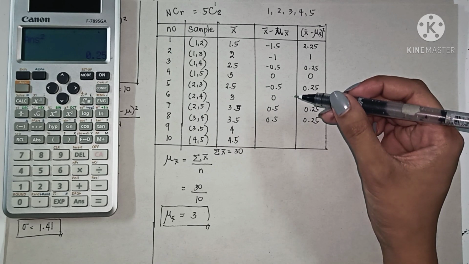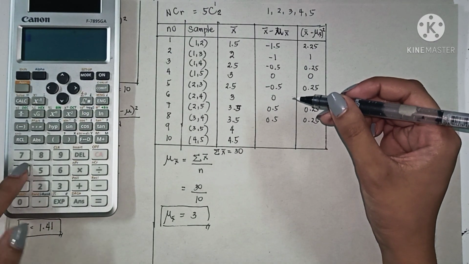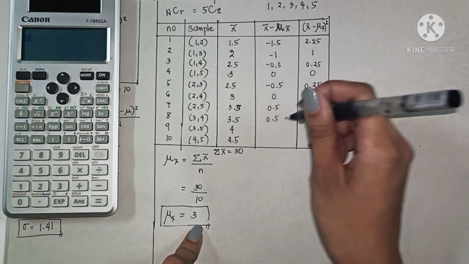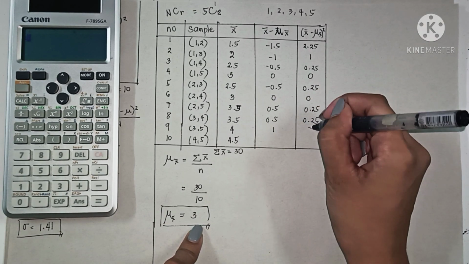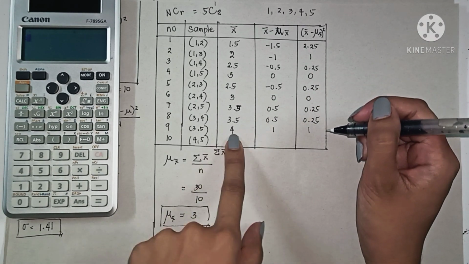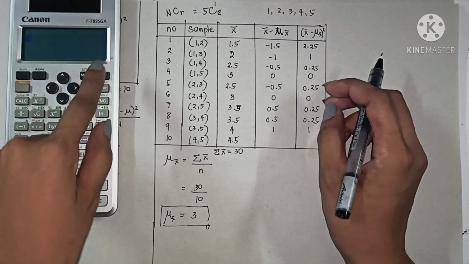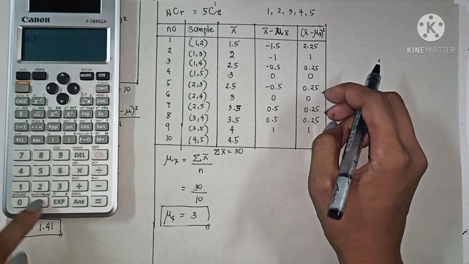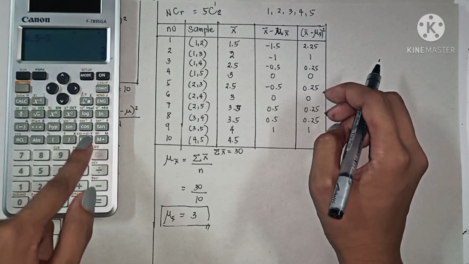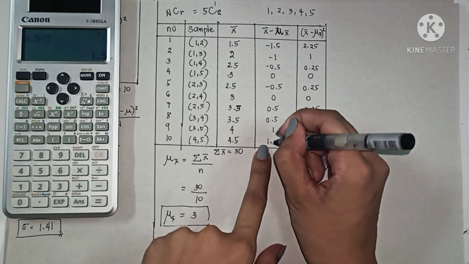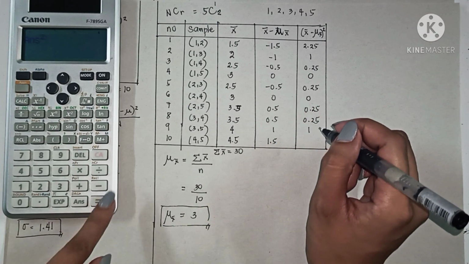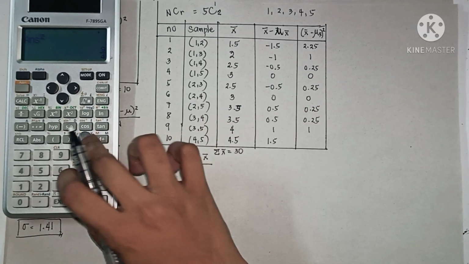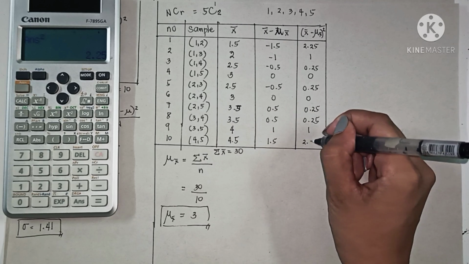And if the value of our x is 4, 4 minus 3 is positive 1, then squared, that is also equal to 1. And if x is 4.5, 4.5 minus 3 is equal to positive 1.5, then squared, that is equal to 2.25.